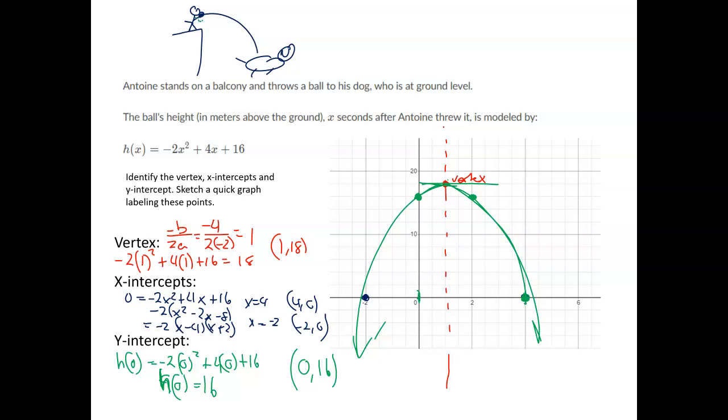He's up in the air, and then he threw it. He didn't throw it from the ground and then over the balcony. Okay? So I'm starting at 0, 18, and then I'm going to where? I'm sorry, 0, 16, and then 1, 18. So my slope will be from 0, 16, and then from 1, 18. Okay? From one point to the other.